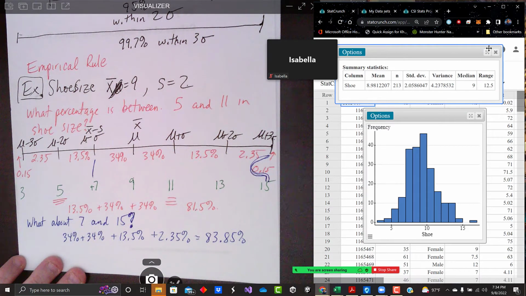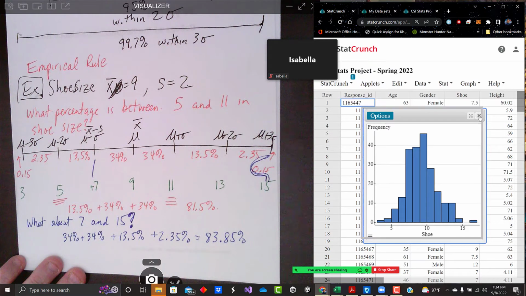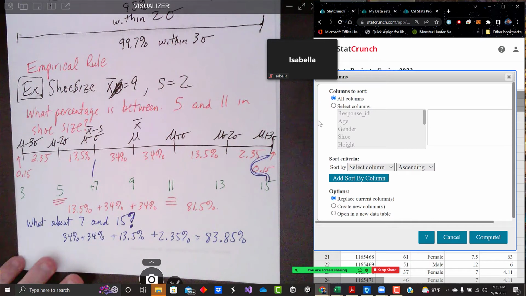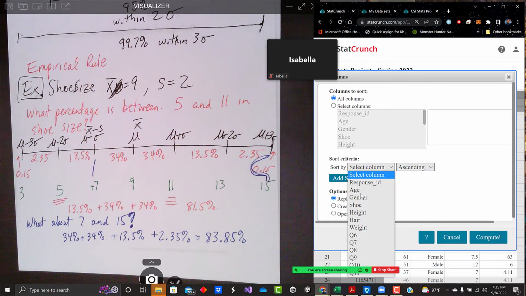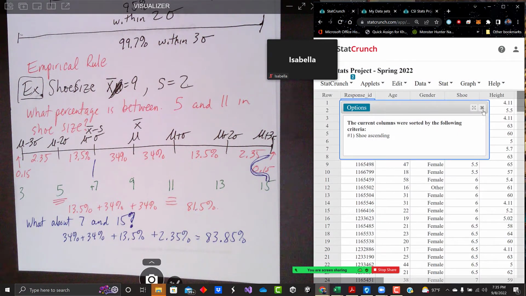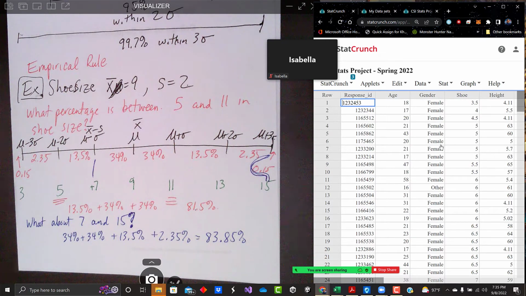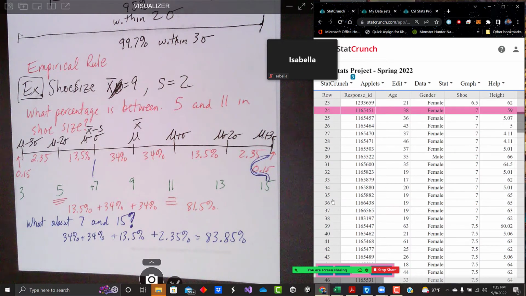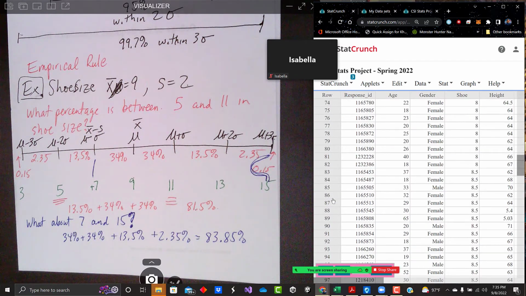And I am going to take this data and sort it by shoe size. I'm going to sort all columns by the shoe size column. And now let's take a look at the 7 to 11 first. I want to see where shoe size starts at 7 right here, and where it ends at 11.